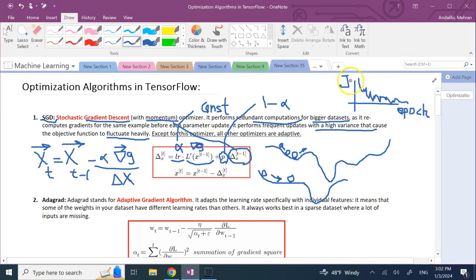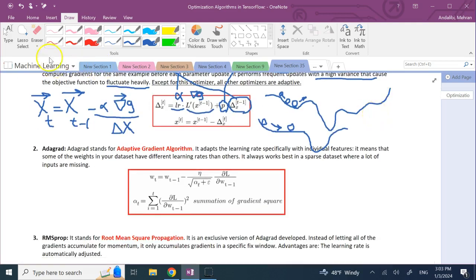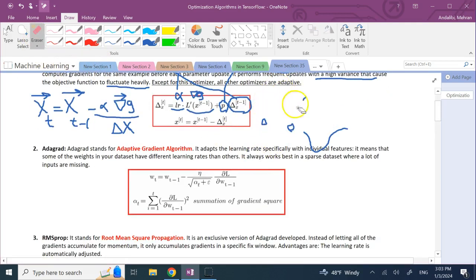We can make this method go a little bit smoother by making this P bigger, but not perfectly, because it does a lot of updates for each parameter in each epoch. So the goal is to remove some of these huge computations and all of these minor oscillations and fluctuations. So what are some of the other algorithms? Let's talk about some of them.